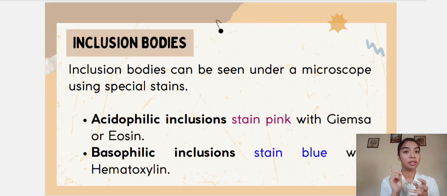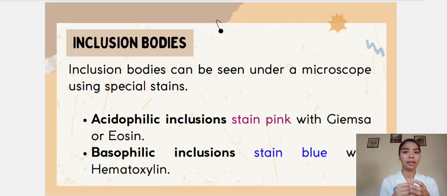There are kinds of inclusion bodies: acidophilic and basophilic. Acidophilic inclusions stain pink with Giemsa and eosin, and basophilic inclusions stain blue with hematoxylin.